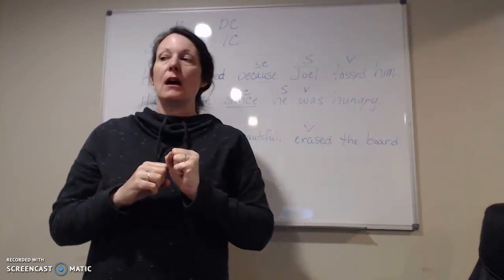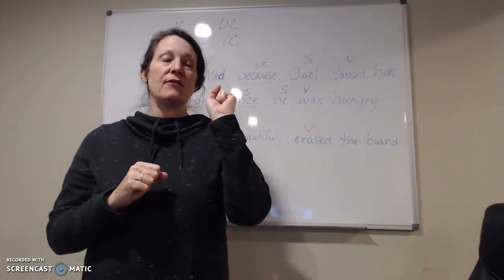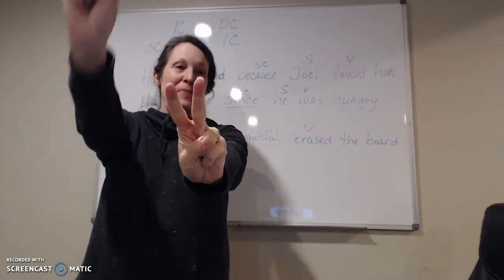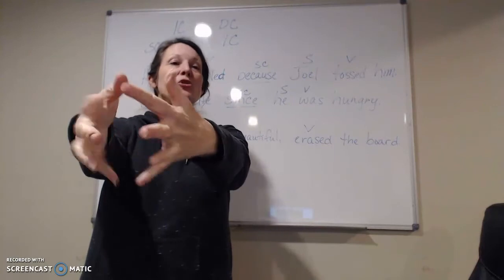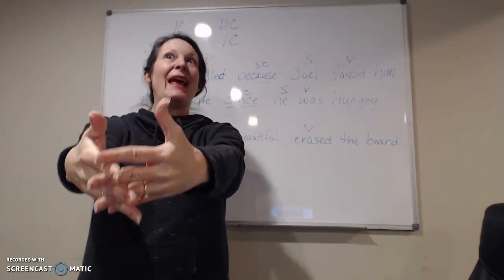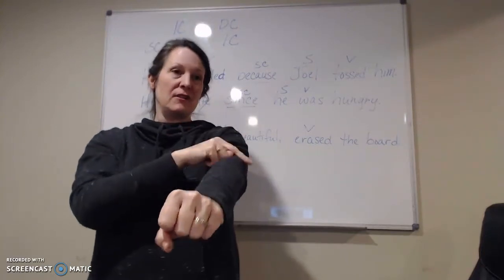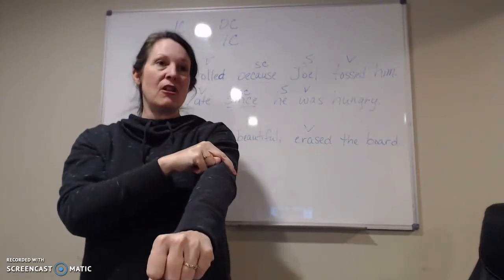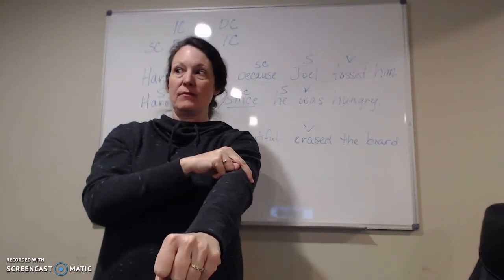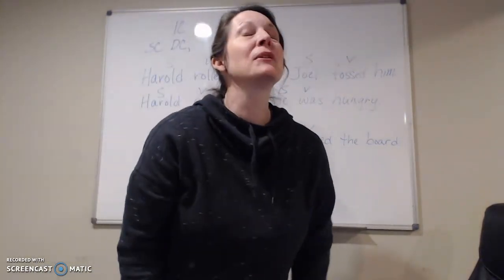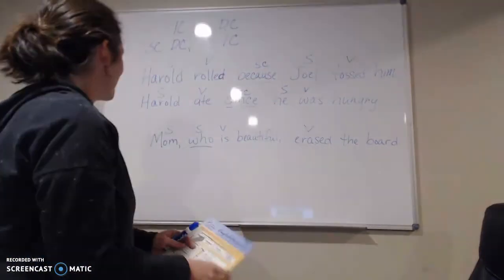I think we said a compound complex sentence consists of one independent clause with a subject and a verb, and another independent clause with a subject and a verb, joined by a coordinating conjunction, and at least one dependent clause with a subject and a verb, joined by a subordinating conjunction or a relative pronoun. Okay? A subordinating conjunction. All right.